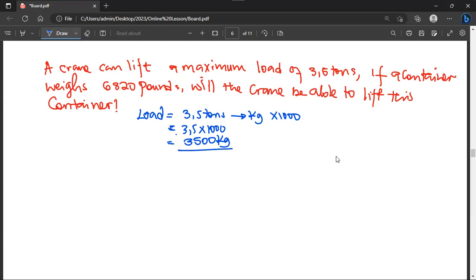But now the load that it's going to take is in pounds. Remember, we told you that if you have 1 kilogram, you have an equivalence of 2,2046 pounds.